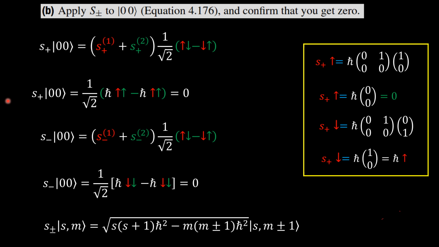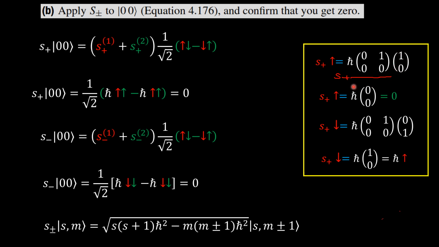What will happen, you can see that when the rising operator acts on the spin up particle, then S plus is equal to, you will get, this is S plus, that is H cross times the matrix 0 1 0 0, and the spin up particle in matrix form is the column matrix 1 0.